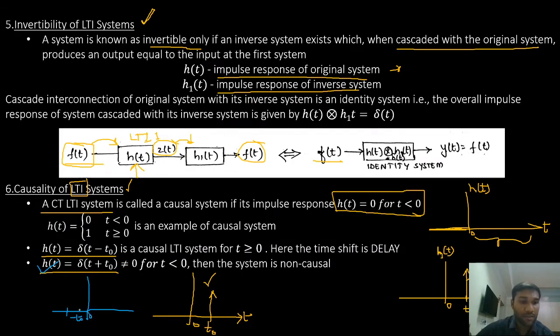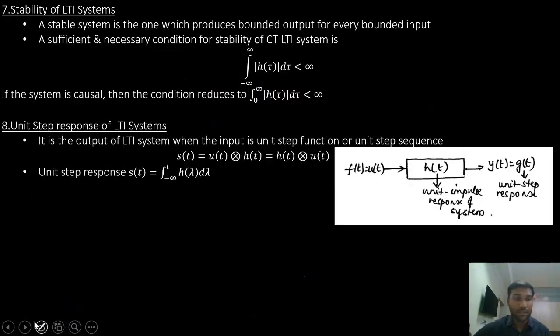So it is defined at a value of t which is less than 0. Since it is defined for a value of t that is less than 0, the given system will be non-causal. That is causality of LTI systems.